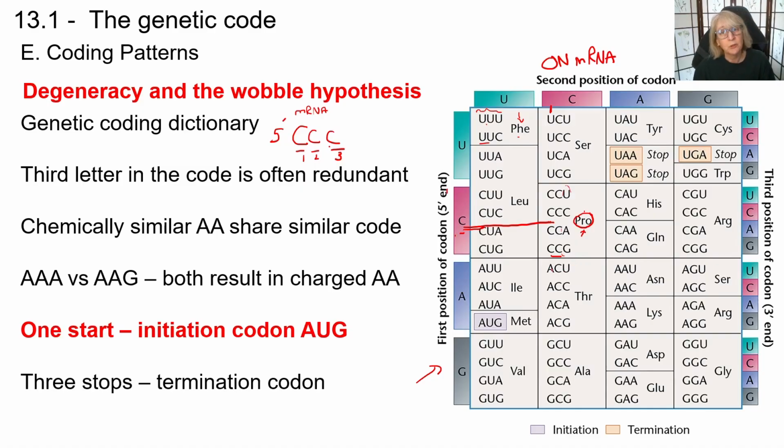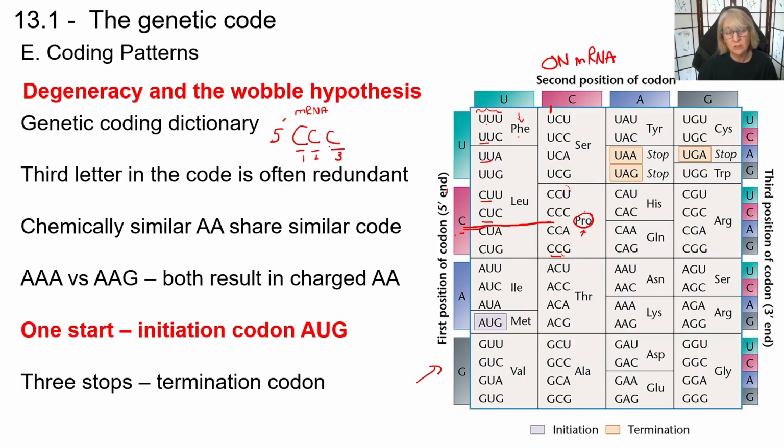I also can see some other patterns that maybe you haven't talked about in your other classes. I can see that things that start out with the same 2 letters, or letters that are close together in this chart, make chemically very similar amino acids.